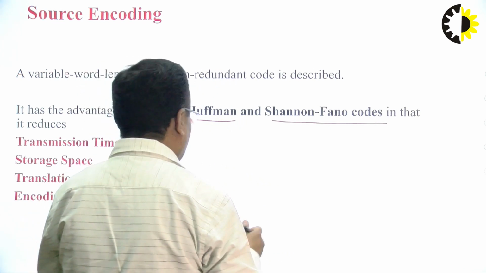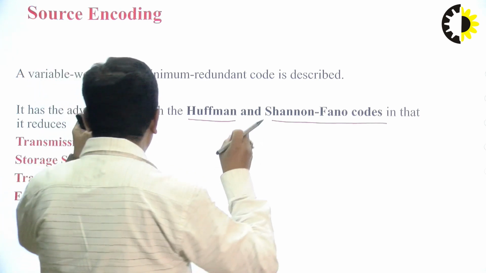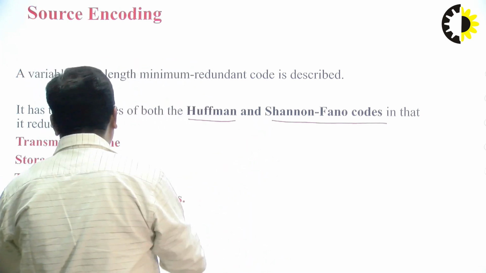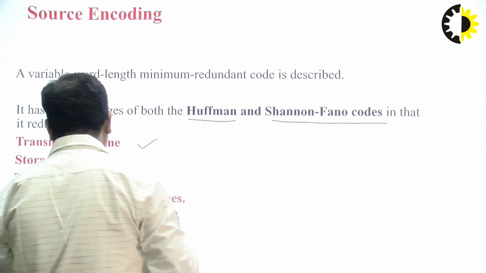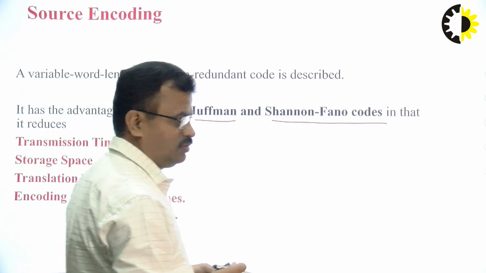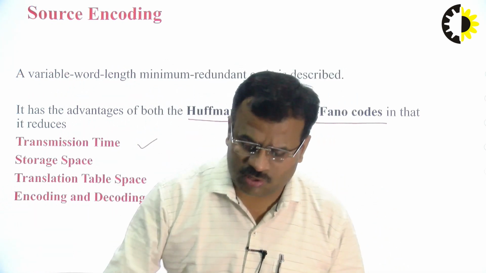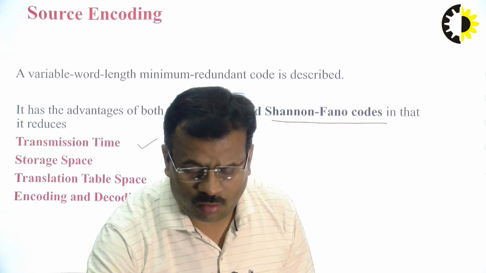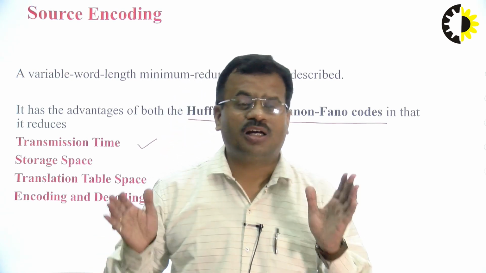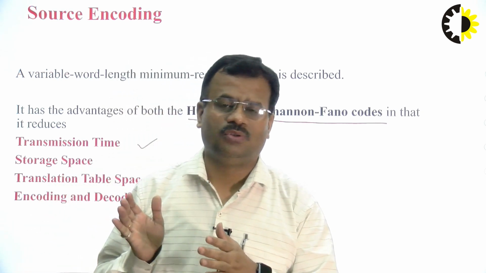These methods are very important and simple and used in digital communication for source encoding, and they reduce the transmission time, storage space, translation table space, and encoding and decoding time. In this way we can prefer source encoding for the information messages that we communicate from the transmitter in a digital communication system.